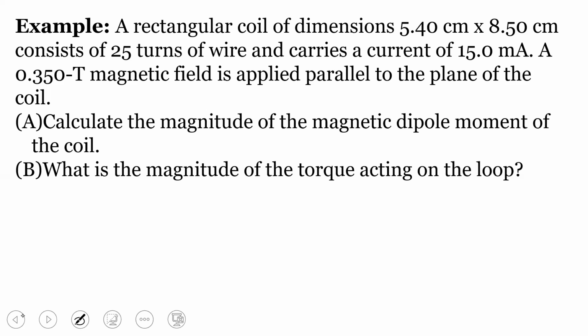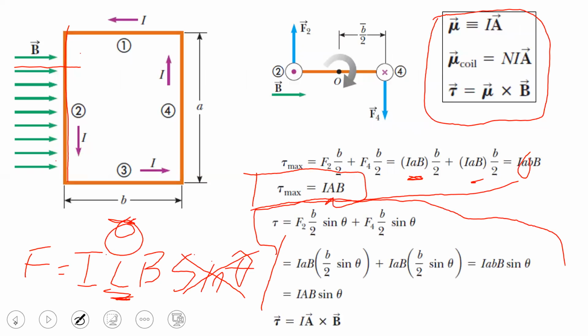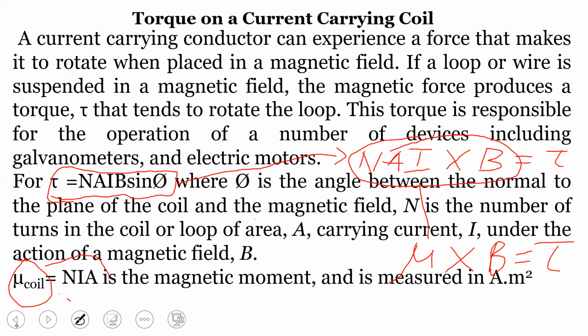So what is magnetic dipole moment? Do we have to get the formula for magnetic dipole moments? Magnetic dipole moment is mu, which is NIA.